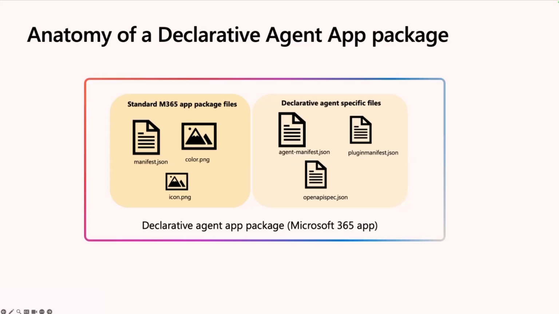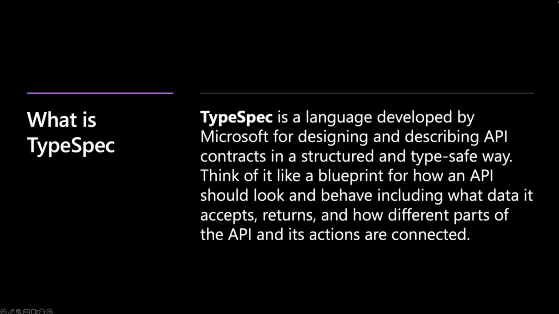So what is TypeSpec, right? It's a language developed by Microsoft for designing and describing API contracts in a structured and type-safe way. Think of it like a blueprint for how an API should look and behave, including what data it accepts, returns, and how different parts of the API and its actions are connected.